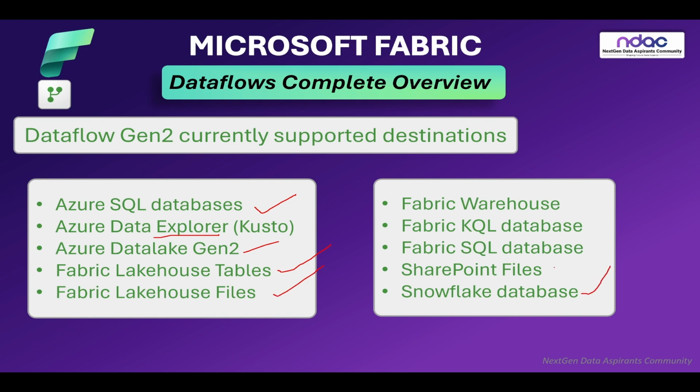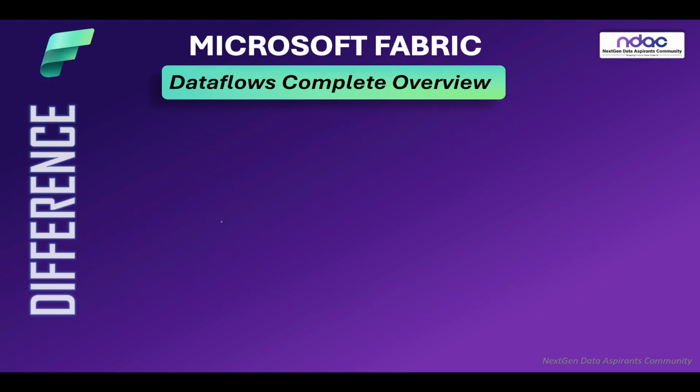See, directly they are giving an opportunity: we can push data to Snowflake database, SharePoint files, Fabric SQL, KQL, and Fabric warehouse also. So almost we have 10 data destinations. Currently it is supporting 10 data destinations.